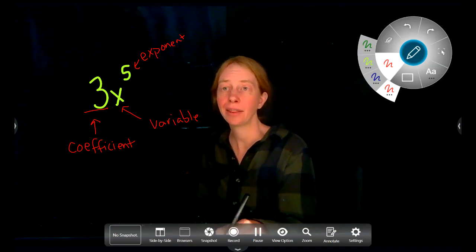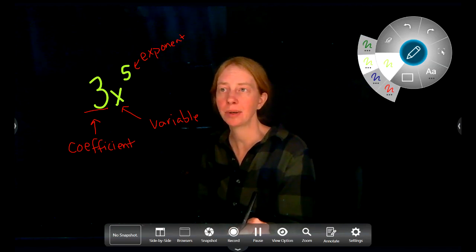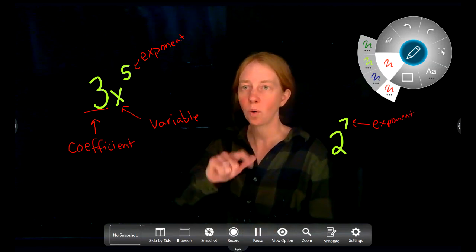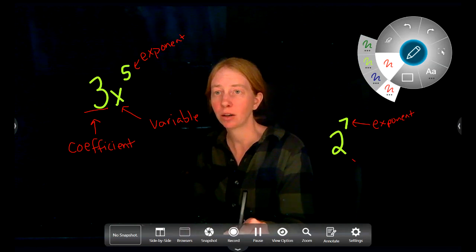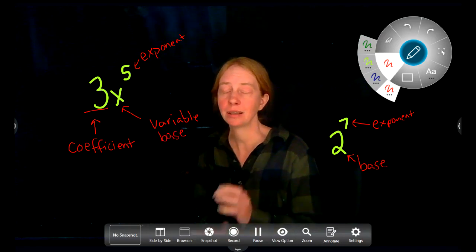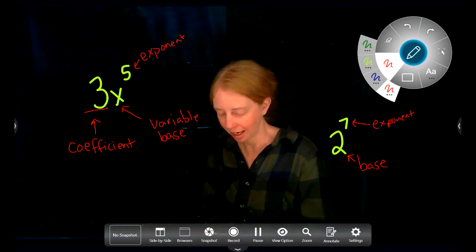If we had another, like a number, so let's say we had 2 to the 7th power, another vocabulary we could use. So this is our exponent, just like we had before. And either with this x or this 2, doesn't matter which, we would still call this the base. Okay, so I'm going to say that this is the base because it is the base of something with an exponent.